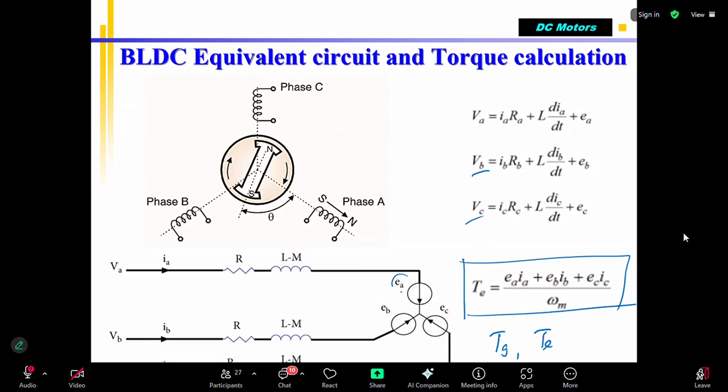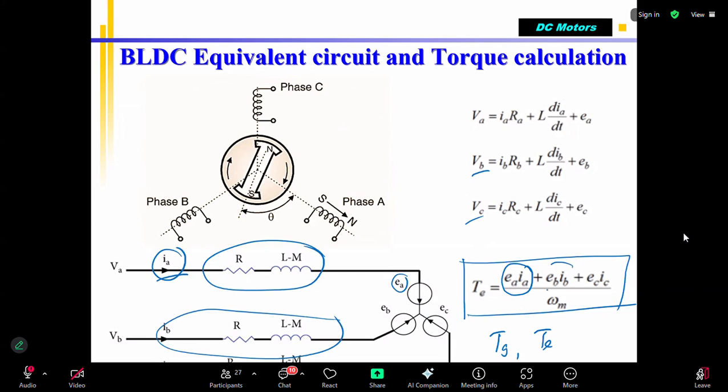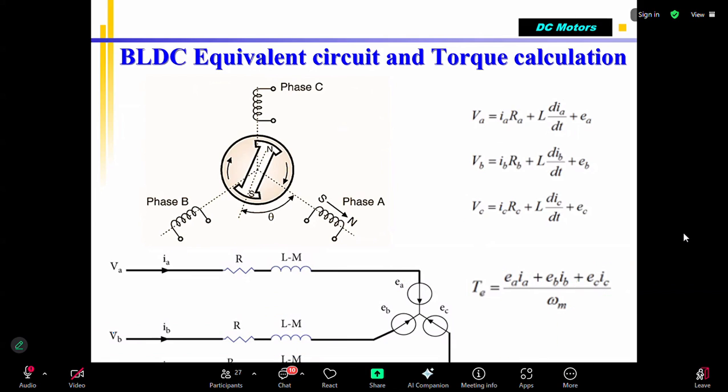EA is the back EMF, IA is the current flowing through the coil. That is the torque contribution of this first coil, correct? Then the second coil's contribution and the third coil's, all divided by omega m. Omega m is the angular velocity of the motor's rotation. That can be calculated.